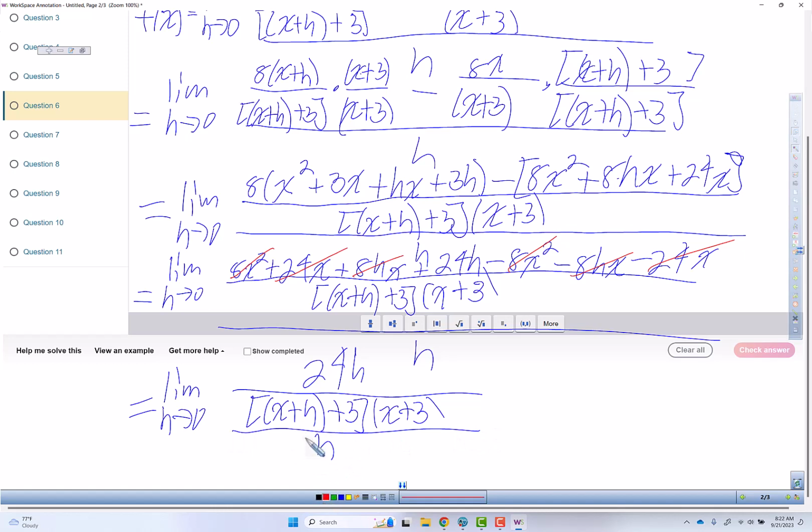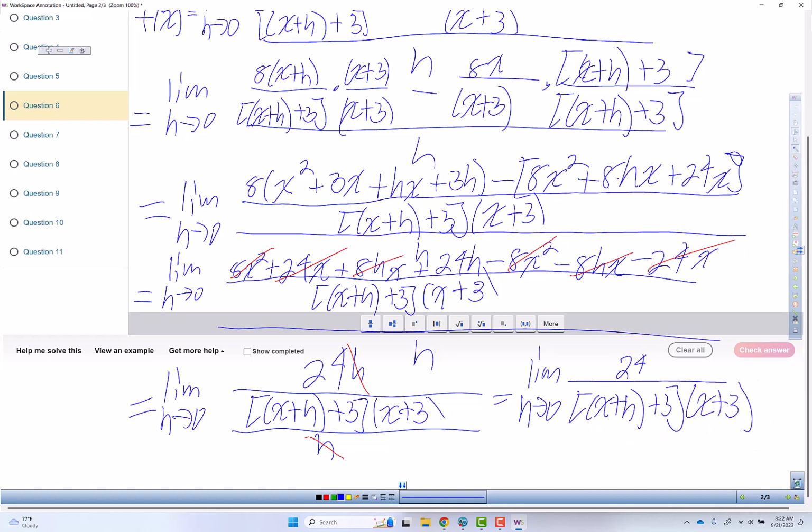And we can cancel this h and this h to 1. So now we're left with the limit as h approaches 0 of 24 over the common denominator, x plus h plus 3 times x plus 3. Now we can let h go to 0, and we're not dividing by 0.